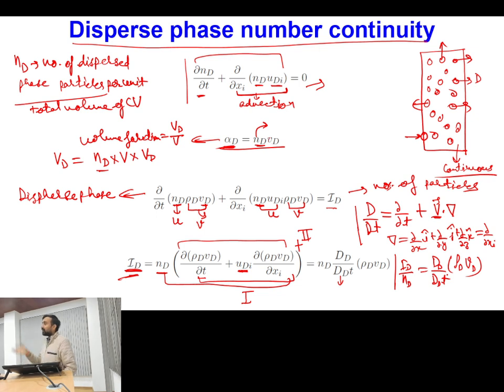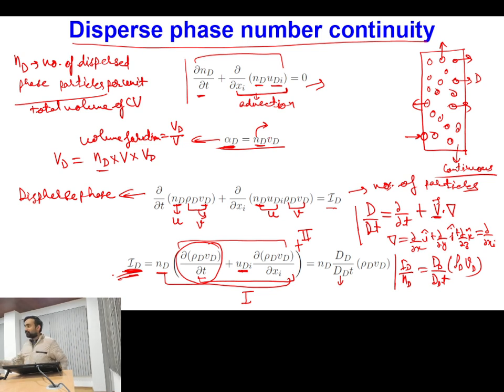Total rate of mass change includes the mass change within the control volume, that is the temporal term, and the second term is the rate of mass change across the boundaries of the control volume. Are all clear with this idea? So from here I can determine my dispersed phase term like this.